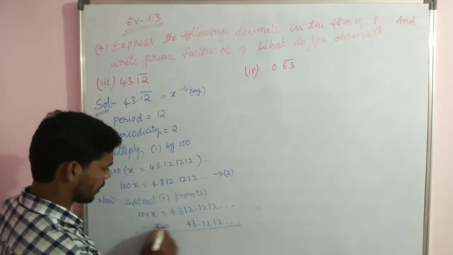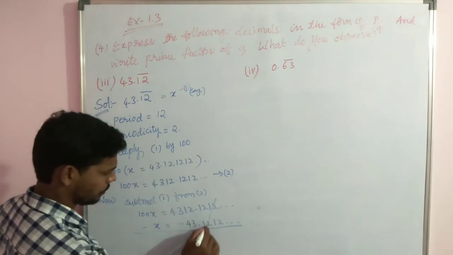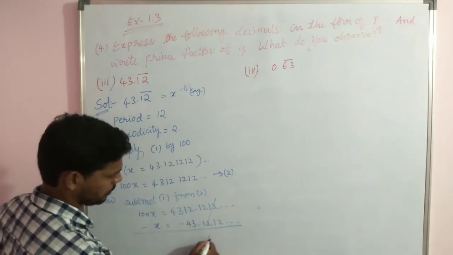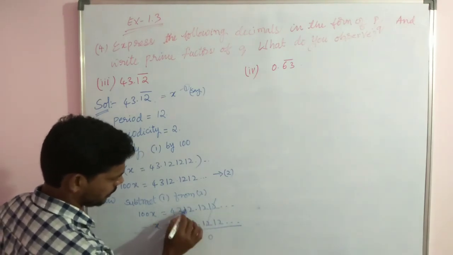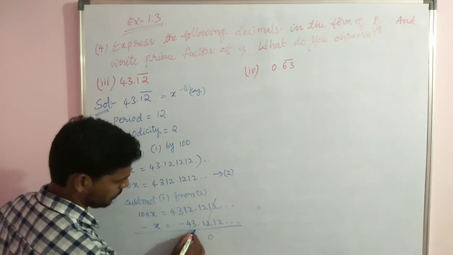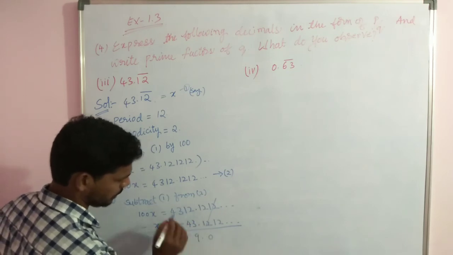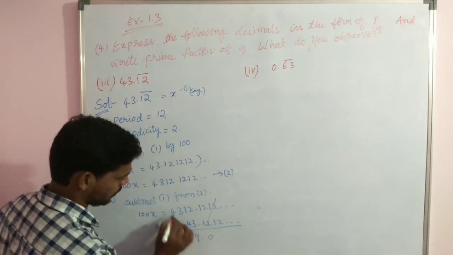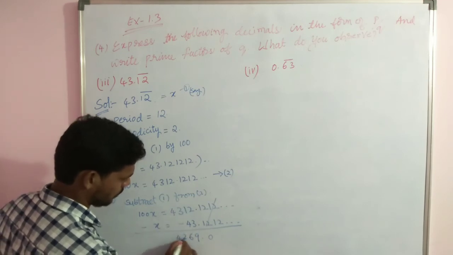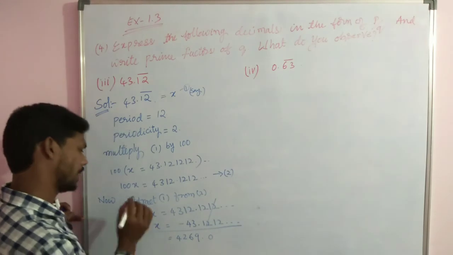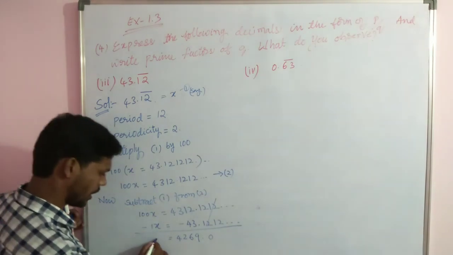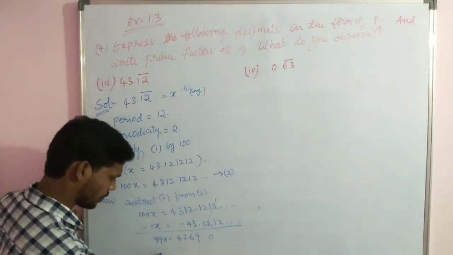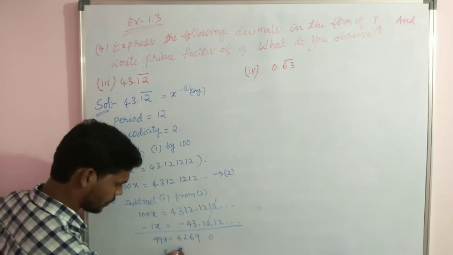Subtracting, the decimal parts cancel out, giving 0. Here subtraction 2 minus 3 is not possible, so borrow, 12 minus 3 is 9. Here 10 minus 4 is 6. Here we get 42. So 4269 is equal to 100x minus 1x, which is 99x.